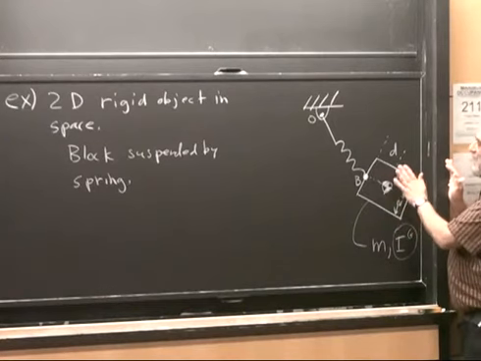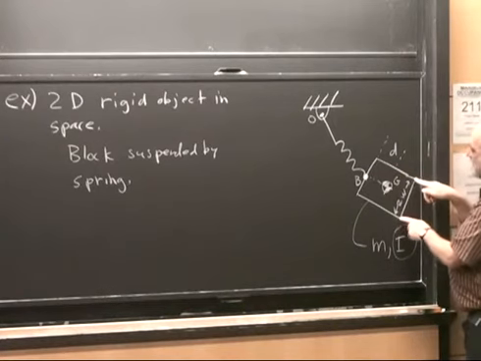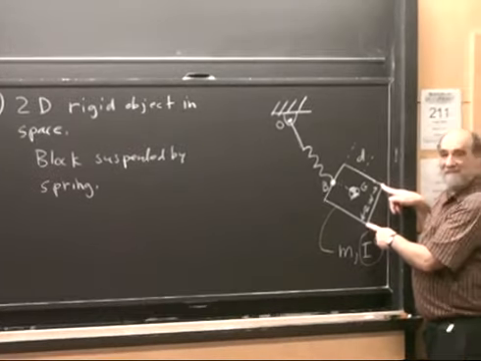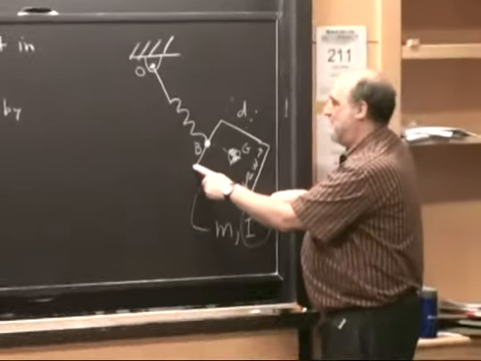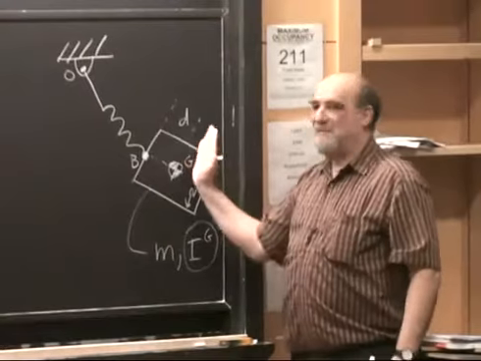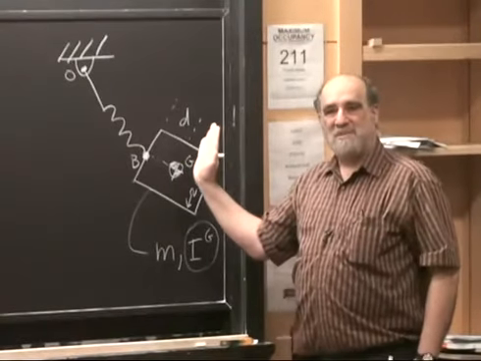But it's the mass times this total distance squared divided by 12, plus the mass times this distance squared divided by 12. It's the sum of the two results that you had in TAM 2020.